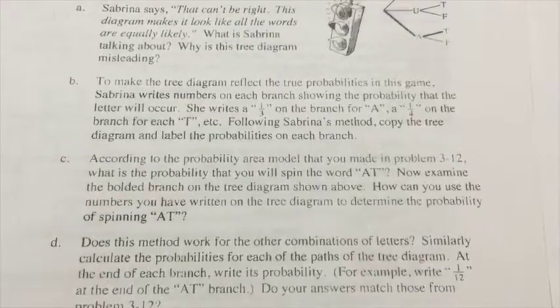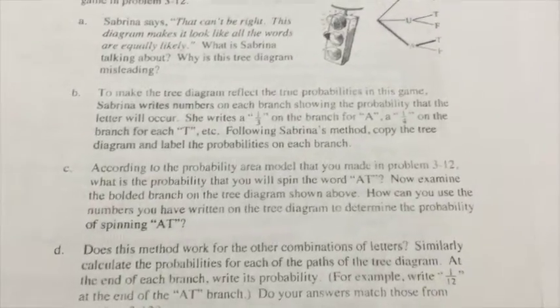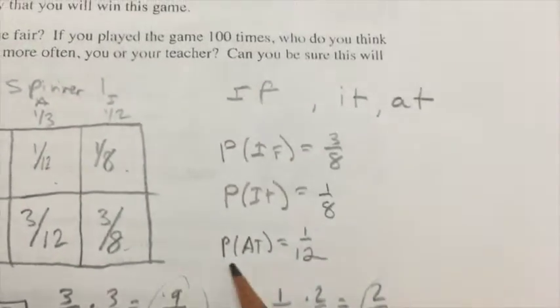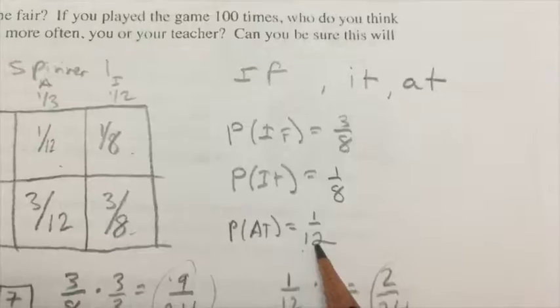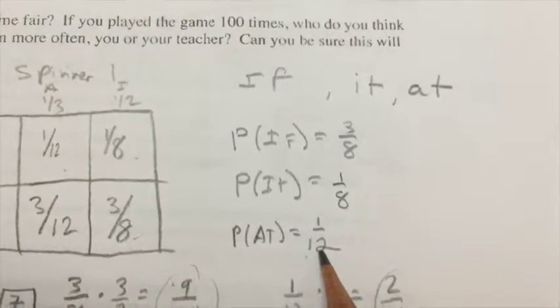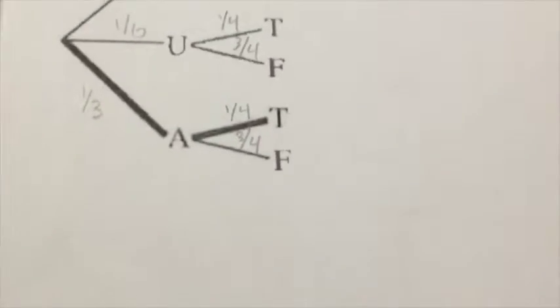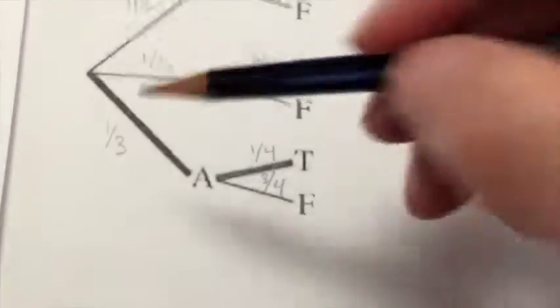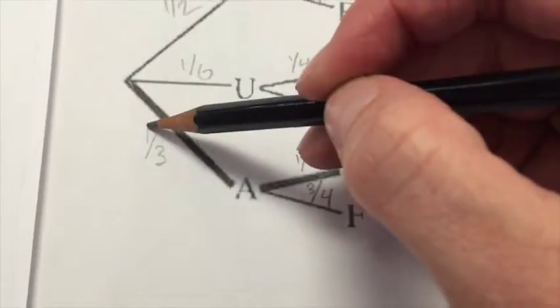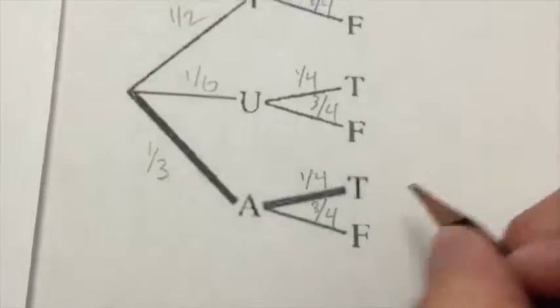Now we want to examine in the branch on this tree. So if I go back to my original at problem, I said the probability to get the AT was a 1 in 12 chance, right? So now looking at this branch, okay, we want to be able to get the same answer. So if I start my spinner here and I'm going to go on that branch, I see the 1/3, and to get to the T, it's a 1/4.